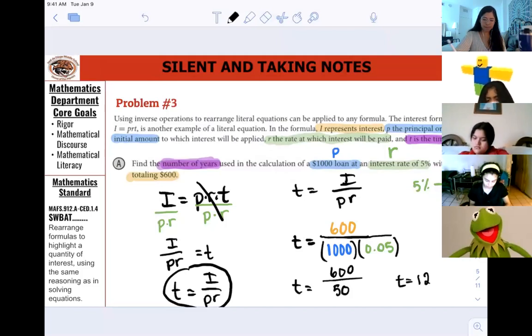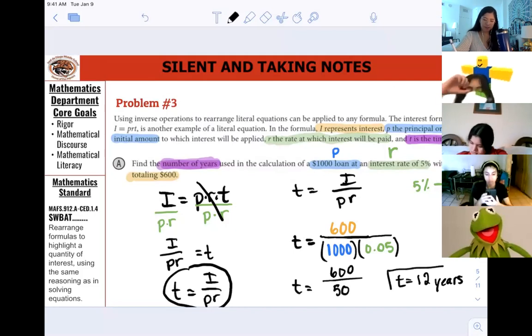Good job. 12 what? What's our units? Read carefully. Oh, years. You got it. Nice job. Beautiful.